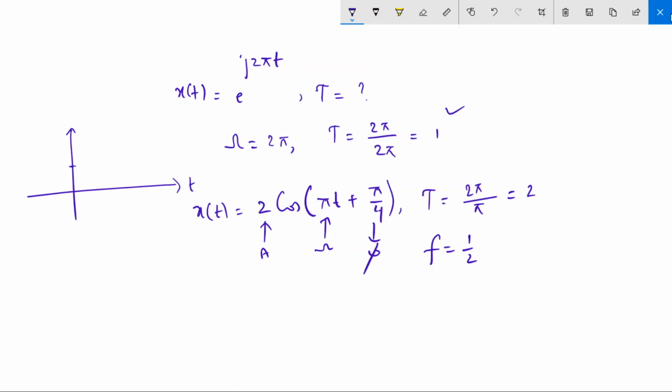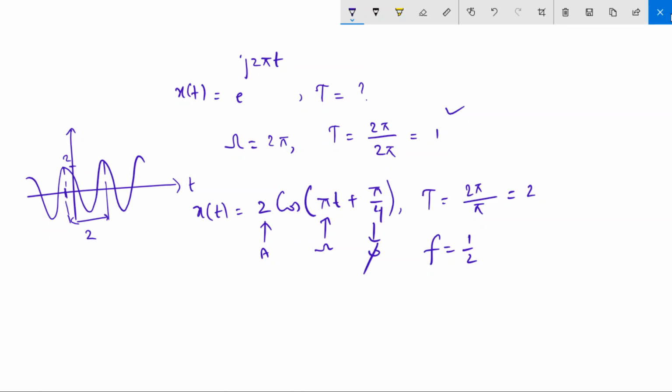It means if I take t equal to minus 1 by 4, in that case it will become minus pi by 4 plus pi by 4, cos of 0. So at that point you will get 1. So at minus 1 by 4, its maximum will occur, that is 2. Like this. Okay, so this is one time period, and this time period is equal to 2 seconds.